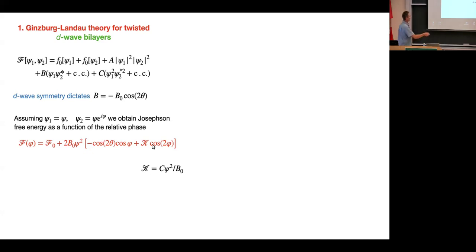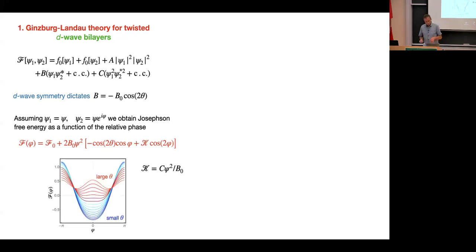Now, normally, this second term is neglected in discussions of ordinary Josephson effect. However, in this case, it will become important precisely because these are D-wave superconductors, and near 45-degree twist, the prefactor of this first leading Josephson term will go to 0, so the physics will be controlled by this second term.